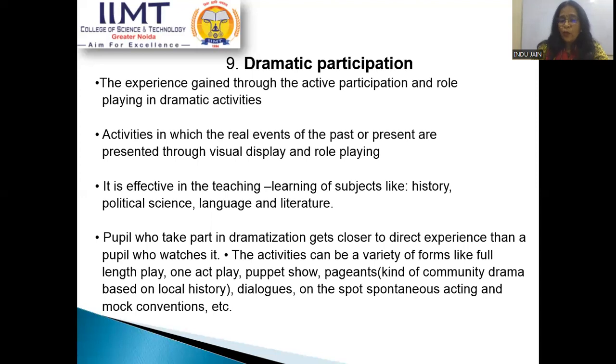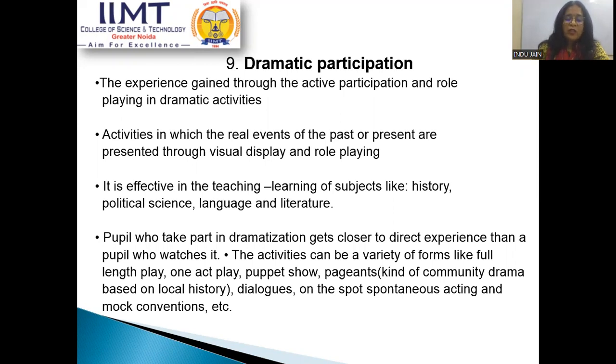But the pupils who watch this drama are again involved in the learning experiences almost directly because they gain concentration through the drama, and they are very interested in seeing it. Interest and concentration are two important factors for effective learning.